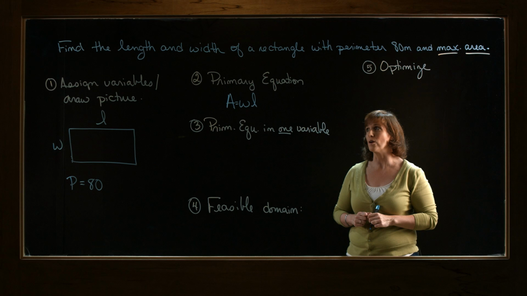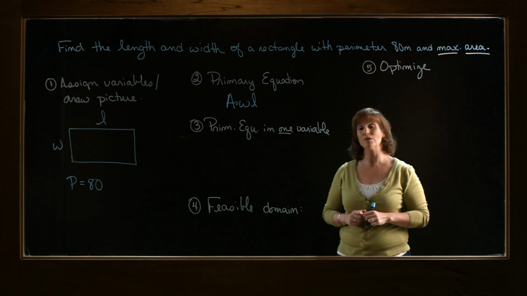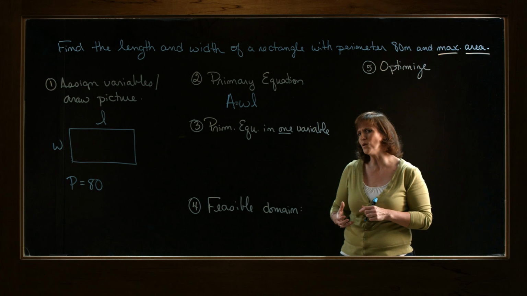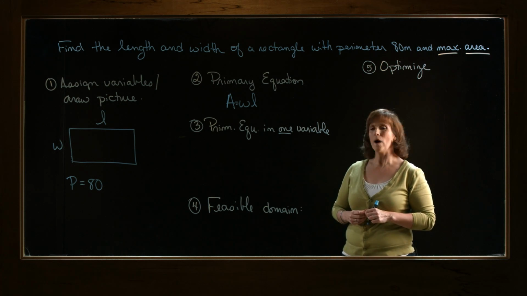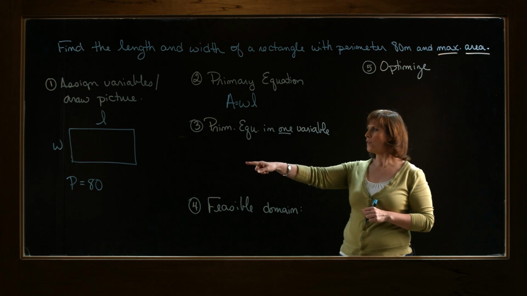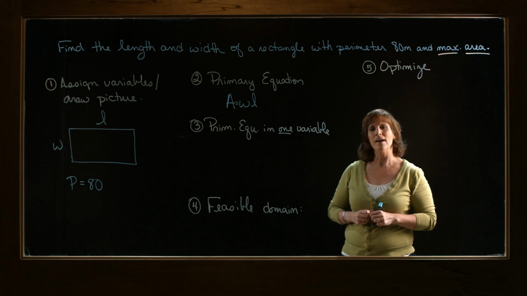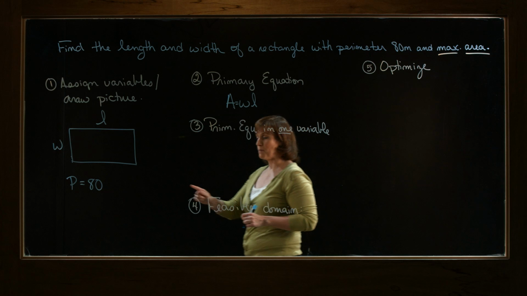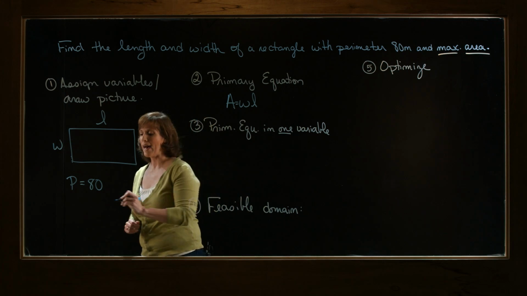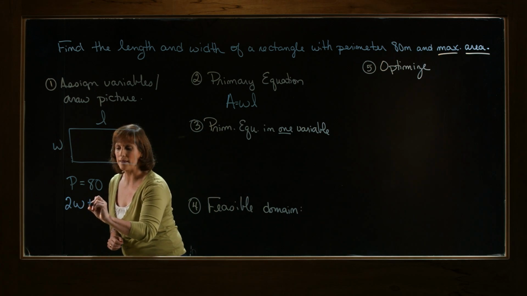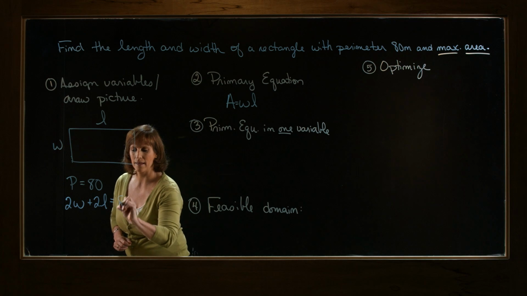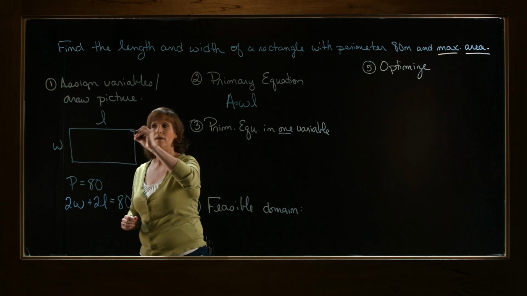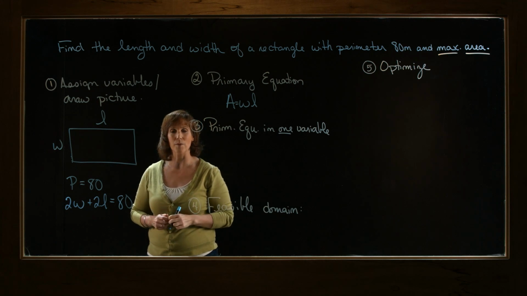Now the next thing I'd like to do is write this primary equation using only one variable. Right now, it's in terms of two variables, both the width and the length. So how can I write it using only width or only length? I'm going to make use of that perimeter number that I have. We often refer to that as our secondary equation. Because the perimeter is 80, 2 times the width plus 2 times the length must equal 80, because that's the distance around my rectangle, or in other words, the perimeter.